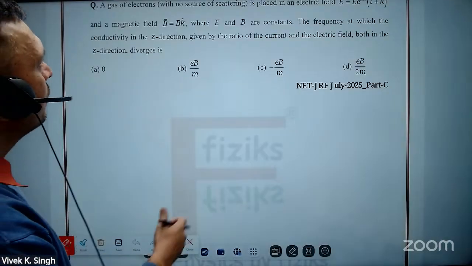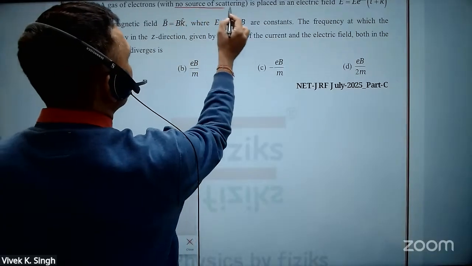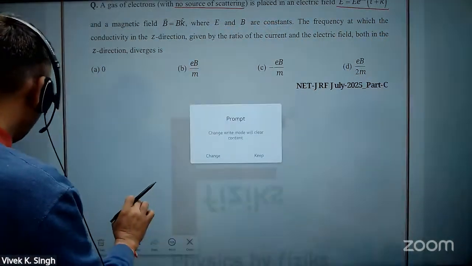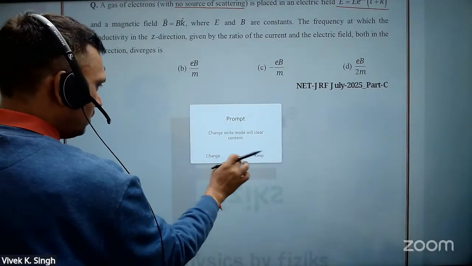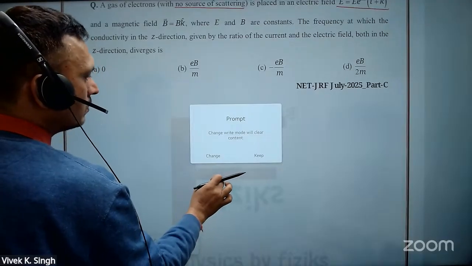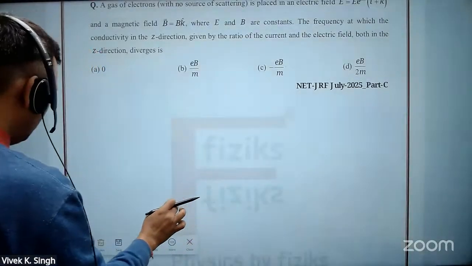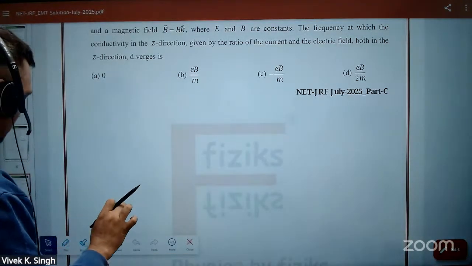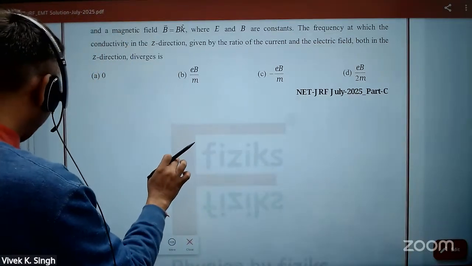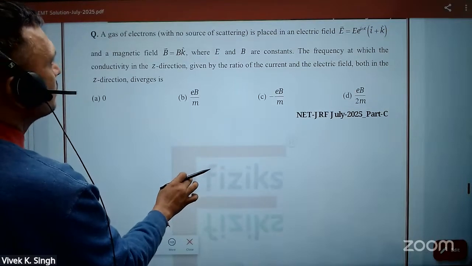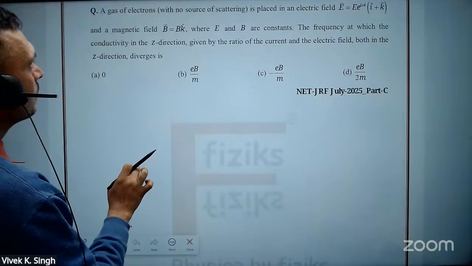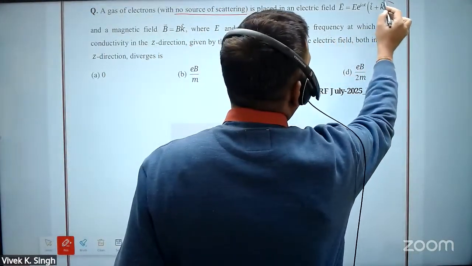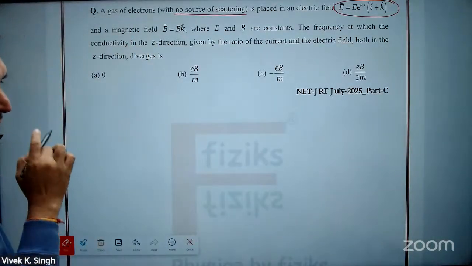A gas of electrons with no source of scattering, there is no scattering here, is placed in an electric field E. So in this question there is no source of scattering and the electric field is given in the direction i cap and k cap.